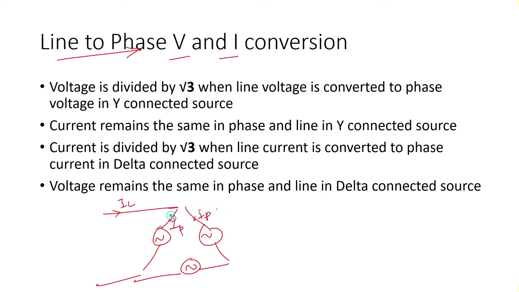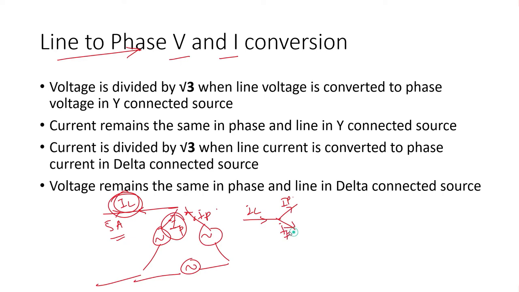When two currents combine, we get this one. Let's say 5 ampere is the line current. So what will be the phase current? The phase current would be less than this line current, because two phase currents come from a single line current.